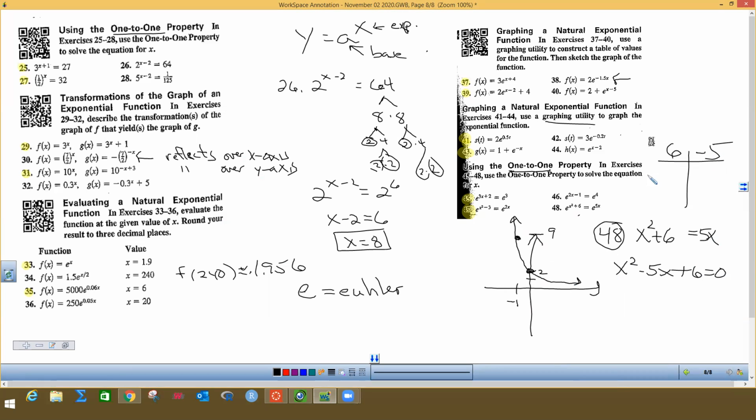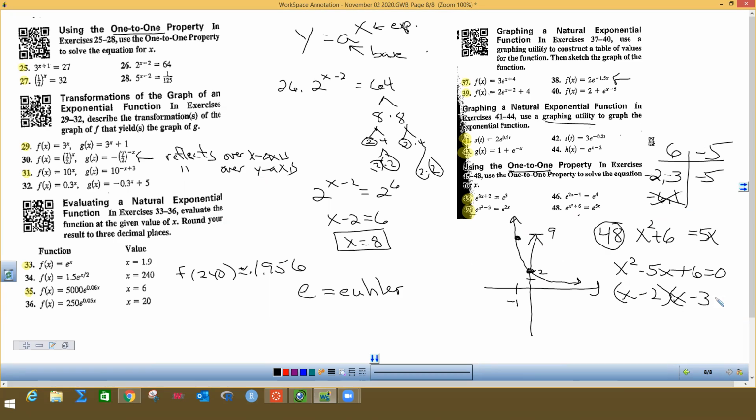So factors of 6, that means they multiply together to be 6, would be -2 times -3, which is a positive 6. And this adds up to -5. Now, some people would have said -6 and 1. Well, that does equal -5. The problem is when you multiply these together, they don't give you +6. So then this factors to x minus 2 and x minus 3.